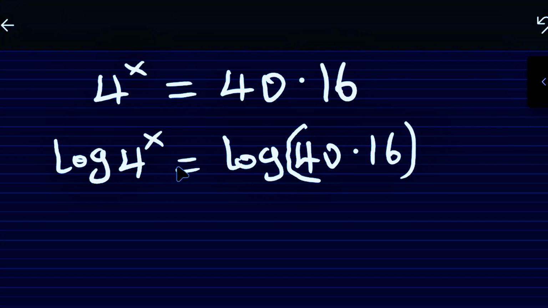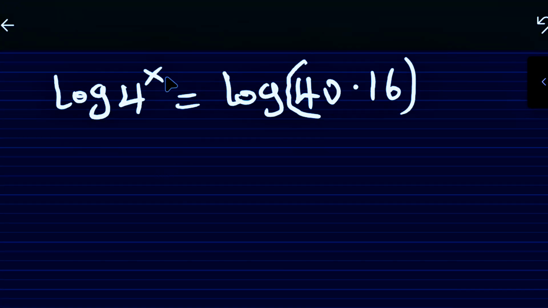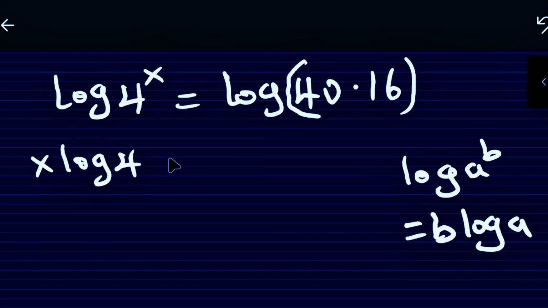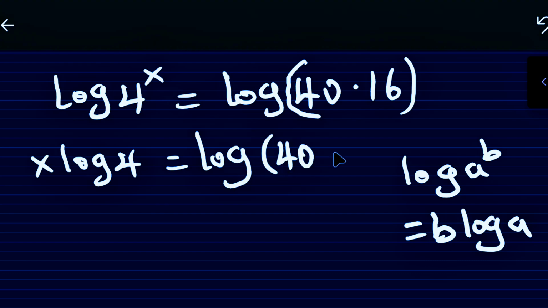Now from here, we apply the log power rule, which says that log a^b equals b log a. If we apply this rule on the left hand side, we have x log 4 equal to log of (40 multiplied by 16).